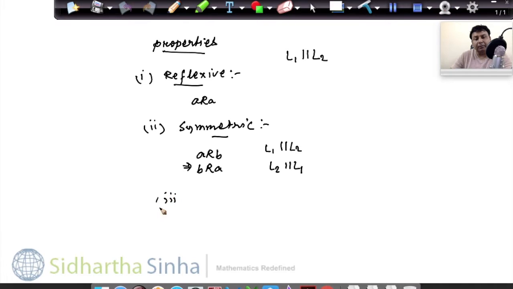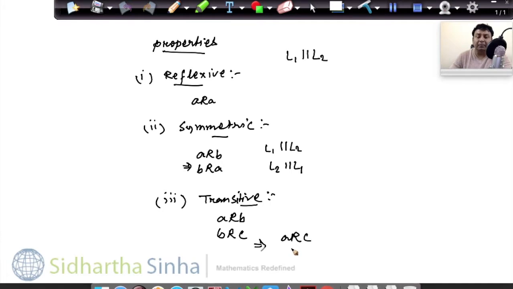Third property is transitive property. So transitive property is if A is related to B and B is related to some C, that should imply that A is related to C. Okay, so if I say L1 is parallel to L2 and L2 is parallel to some line L3, then obviously L1 is parallel to L3 as well.